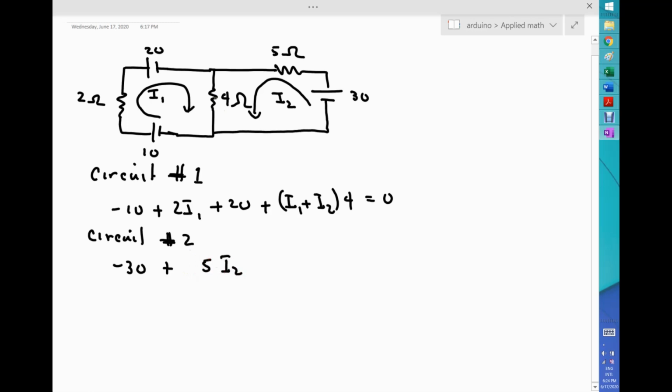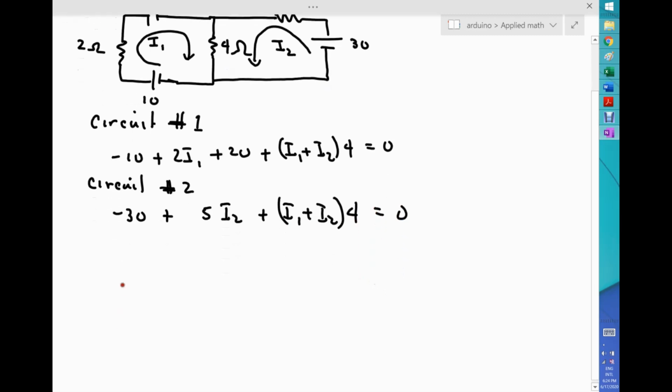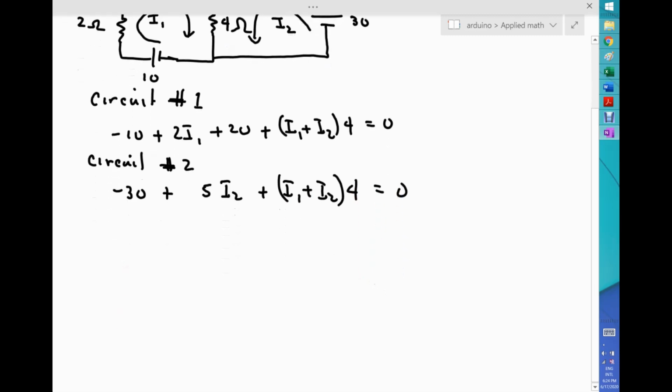And now we get here, so we said, well, it's the same as the other. So it's going to be I1 plus I2, because they are both going in the same direction, times 4 equals 0. That will be at the end of it. So I got the two circuits there, the two Kirchhoff rules applied, and now we simplify.